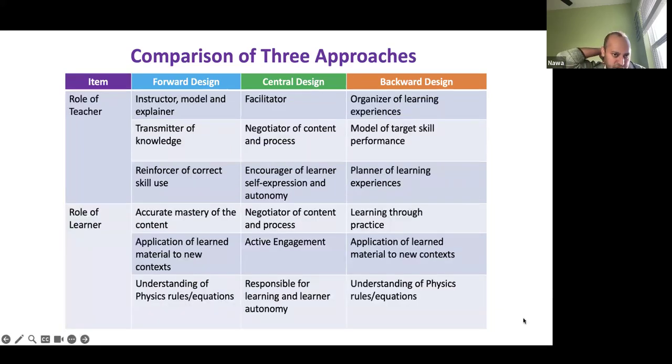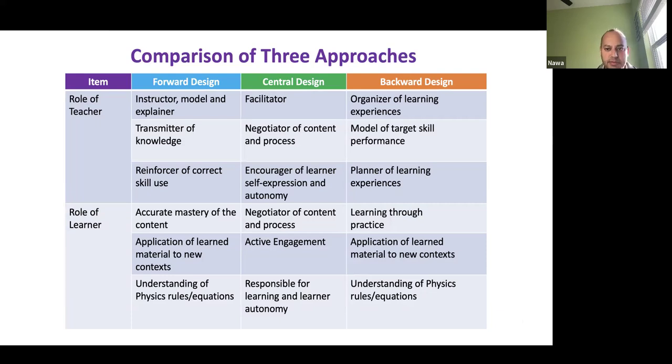Now, the role of the teacher mainly acts as the instructor, the transmitter of the knowledge, and reinforcer. So he's the key element and the central element for the forward design. In the backward design, the teacher is there. He acts as the organizer of the learning experiences, meaning what learning activities he wants to put in the methodology.